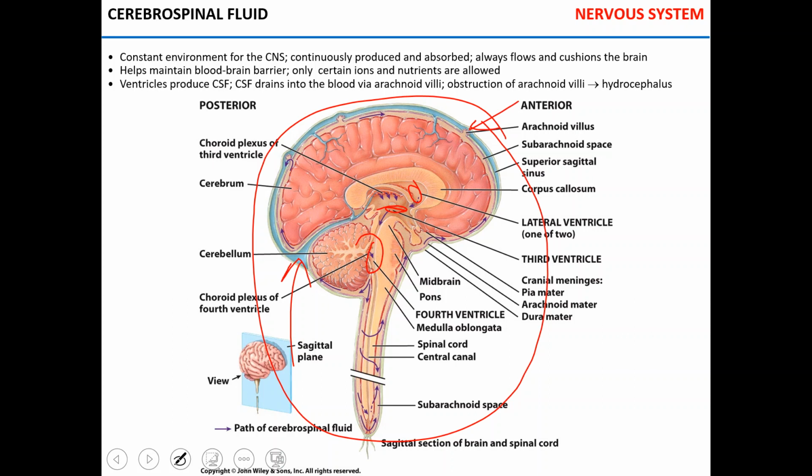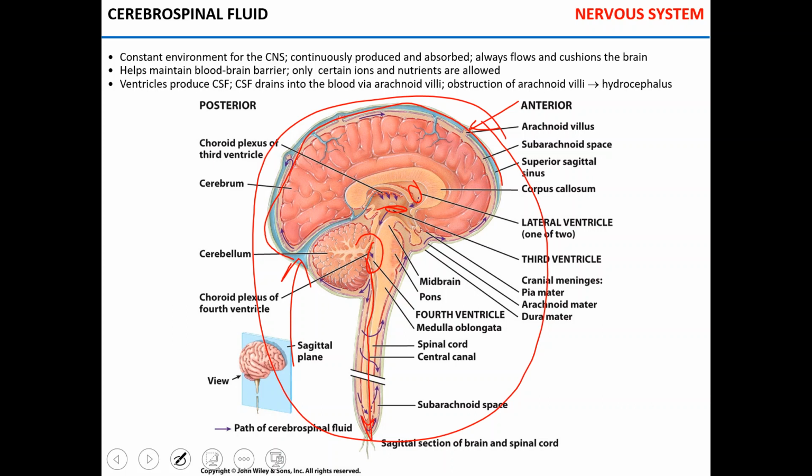It drains from the ventricles into subarachnoid space around the brain. It also drains in the central canal in the spinal cord. Not only does cerebrospinal fluid cushion the brain, it also helps to maintain the blood-brain barrier.